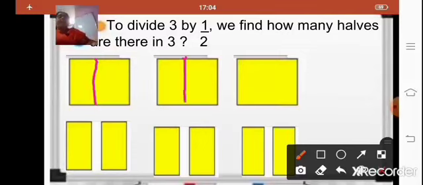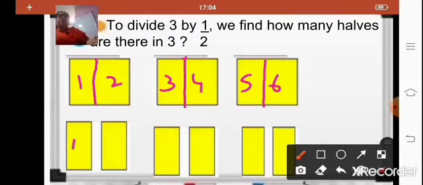Now children, suppose I am dividing each square into half. So this will be 1, 2, 3, 4, 5 and 6. That is 1 square if you are dividing it into 2 halves, so there will be a total of 6 halves.